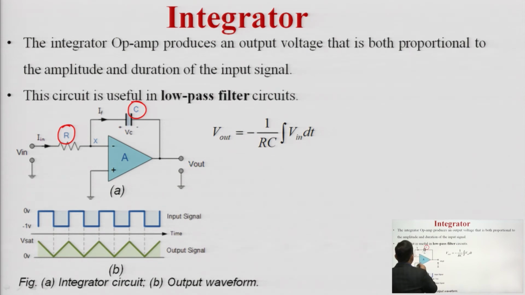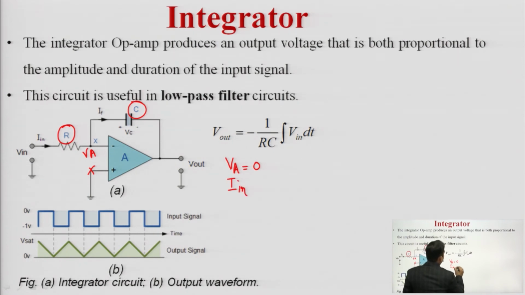Due to the virtual ground, we can say that this voltage VA is equal to 0, virtual short or virtual ground. After that, the input current I in is equal to V input minus 0 by R. This is, let's say, the first equation.